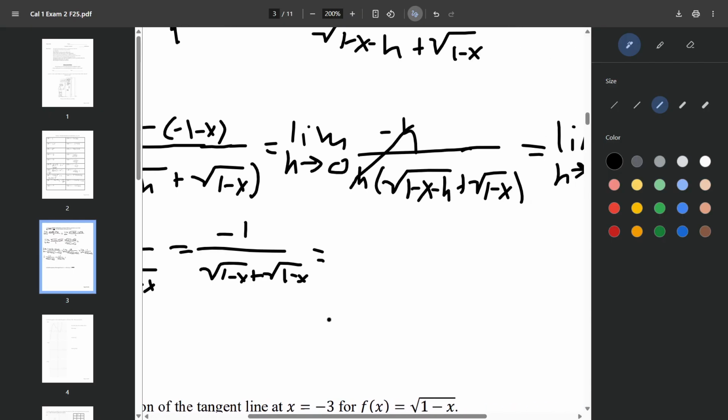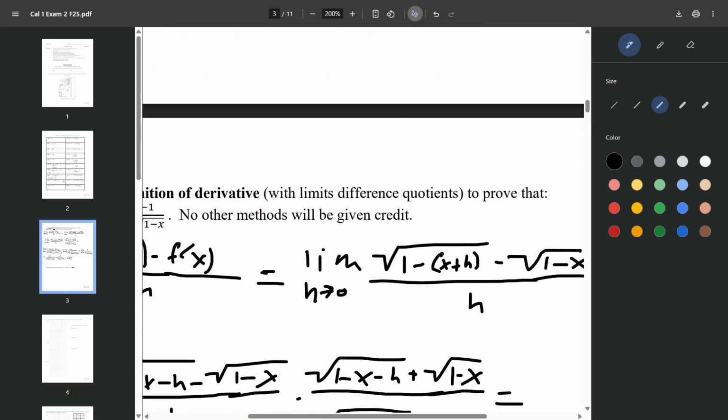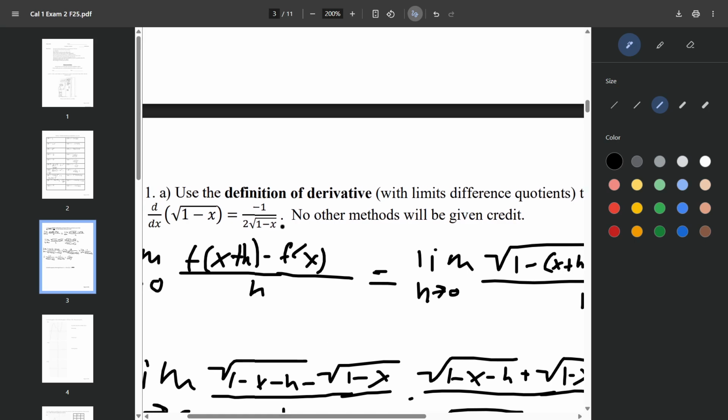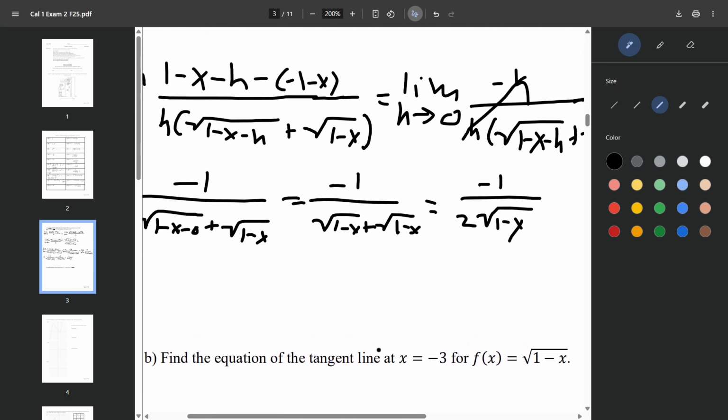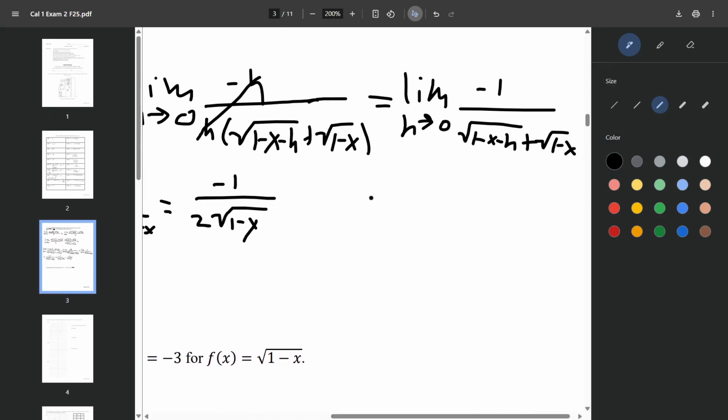Since these two terms are the same, we can add them together, and then we're left with 2 times root 1 minus x, which equals our problem. So in this case, f prime of x will equal negative 1 over 2 root 1 minus x.